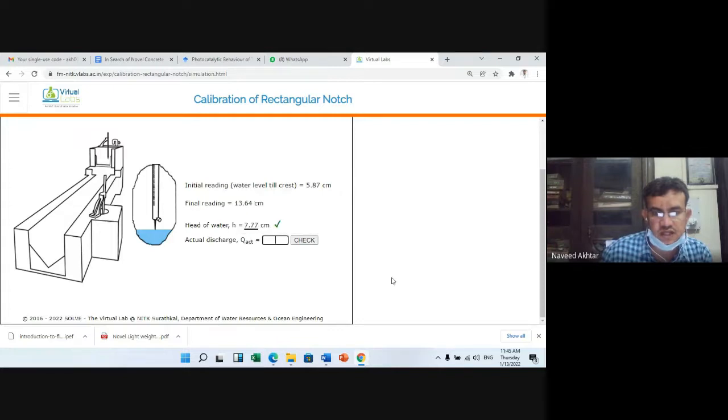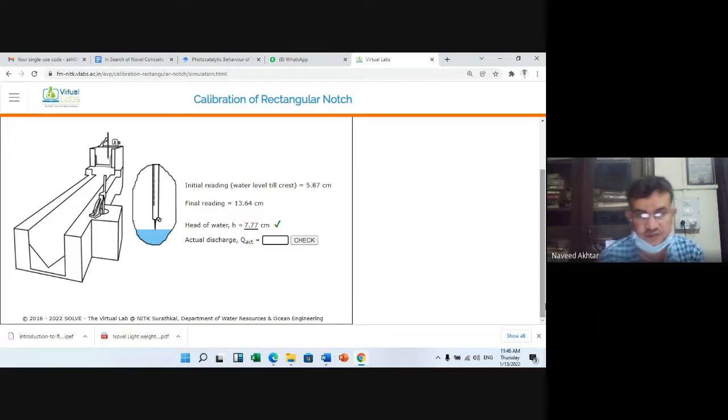Next, discharge in centimeter cube per second. So the value of g will be 981. 2 into 981 is 1960. Find the under root of 1960, and all the other values are already in centimeter.